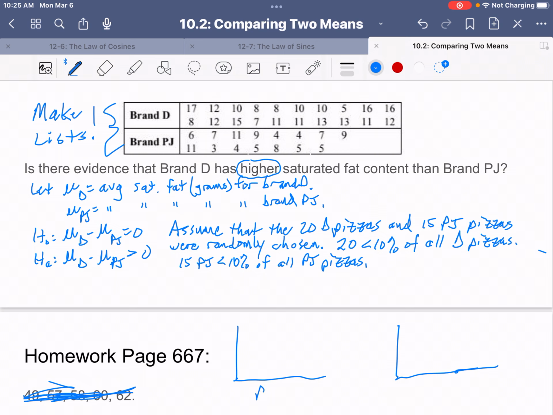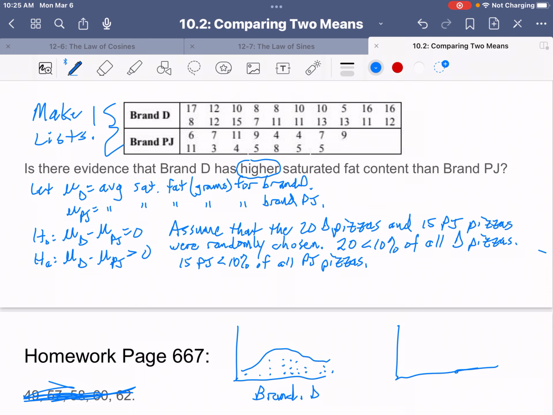And this is my brand D. If I were taking a test or a quiz, I would be much more specific than this. Is that somewhat symmetric with no outliers? Yes.